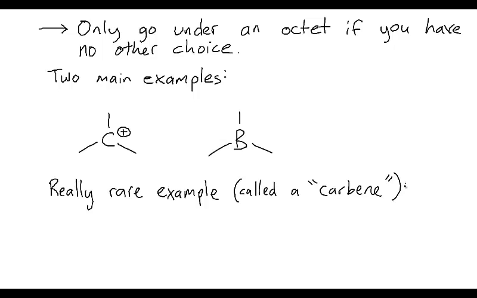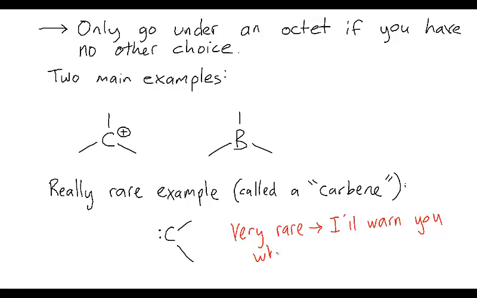And that example is a carbon that has 2 bonds and a lone pair. So carbene is very rare. I'll warn you when that's going to come up.